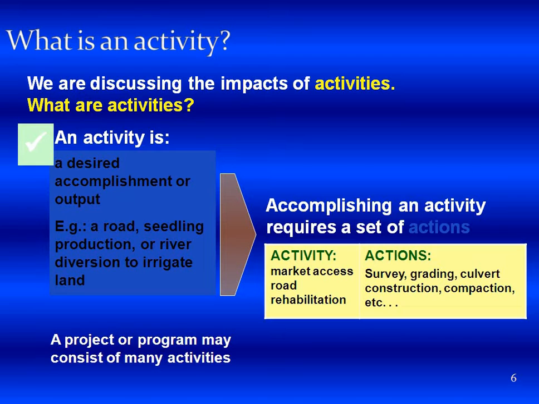There is some expected output, and you do something to get that output; you call it an activity. So an activity must have a purpose, a specific desired purpose. The clearer the purpose is, the more focused the activity will be. Examples: a road, seedling production, or river diversion into irrigation lands, all of them are activities.